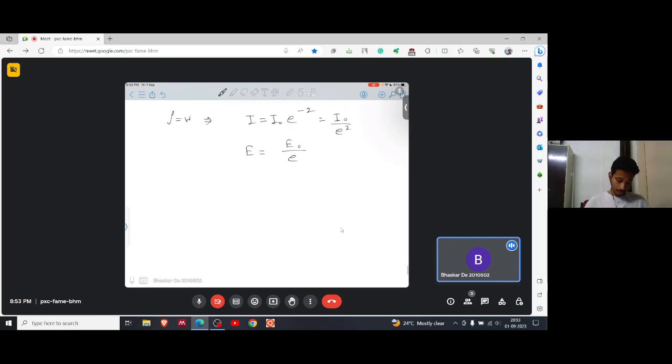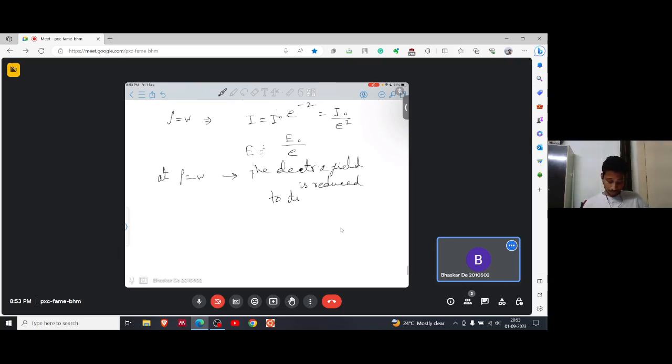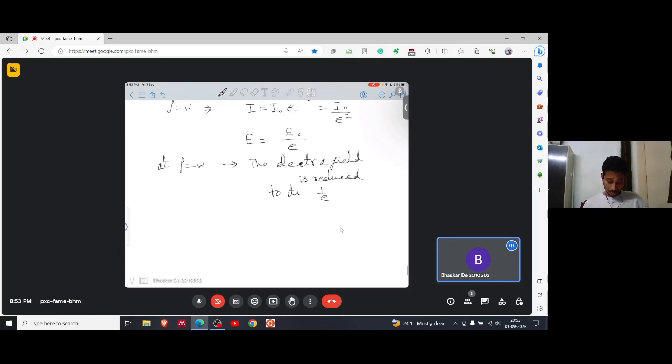So basically at rho equal to W, the electric field is reduced to its 1 by e amplitude.